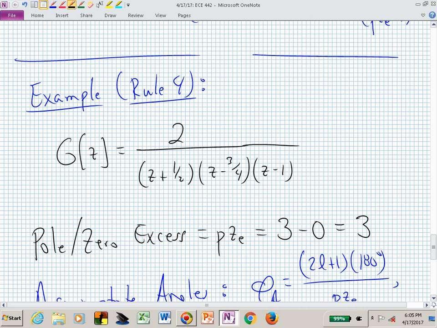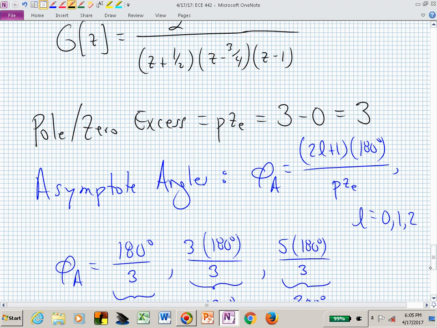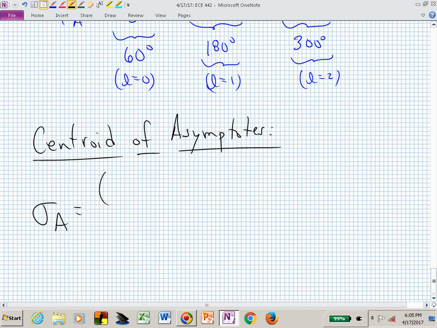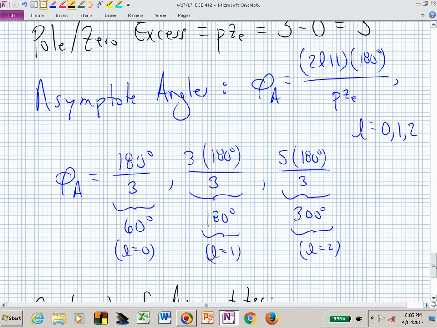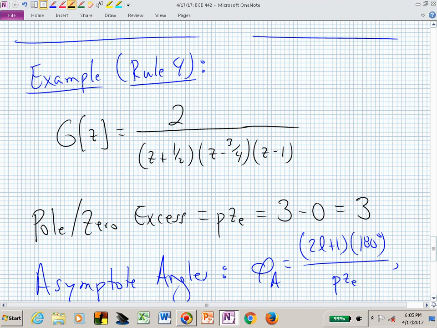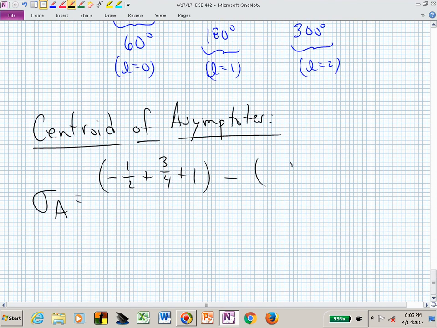So we do have a pole at z equal to minus 1/2, the value of z where z plus 1/2 is equal to 0. We have a pole at 3/4, and we have another pole at 1. And you need to use those particular values. We have minus 1/2 plus the pole at 3/4 plus the pole at 1. What did we have for zeros in G of Z? No finite zeros. That comes in as nothing, divided by the pole zero excess.